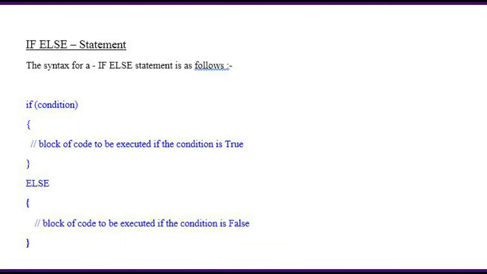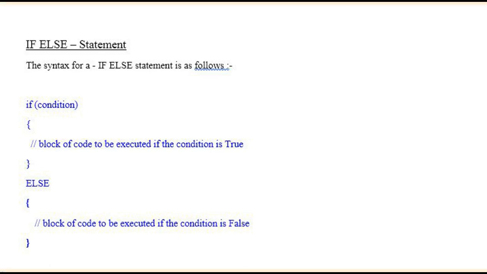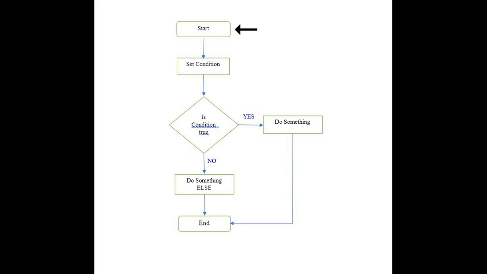As mentioned before, we can also use the keyword else in conjunction with the if statement. When we use if else, if the condition we are testing for is false, then the else part of the code will run. Let me show you a quick flowchart of a typical if else statement. Right at the top here, we'll start our code.